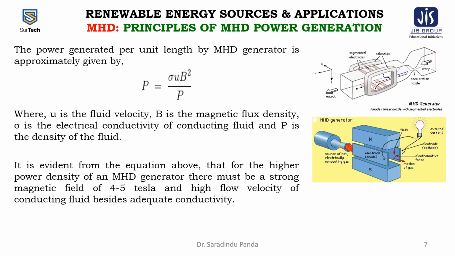It is evident from the equation that for a higher power density of an MHD generator, there must be a strong magnetic field of 4 to 5 Tesla and high flow velocity of the conducting fluid, besides adequate conductivity.